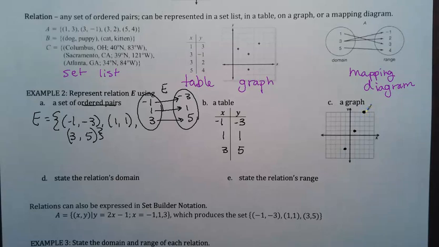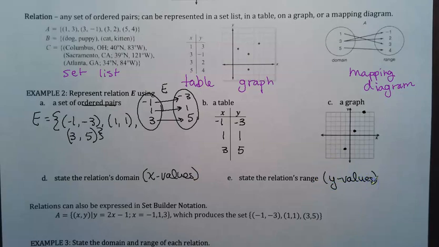Then it says state the relation's domain. Do you remember domain? Domain and range are x and y values. Which one is which? The domain is the x values. So that means the range is going to be the y values.